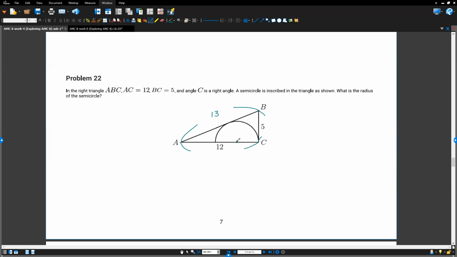This is the center over here. This is the radius. This is also a radius. You can use R. This is R. Also, this is R. Now we're going to find the radius of this circle, the value of R. How can you find the value of R?